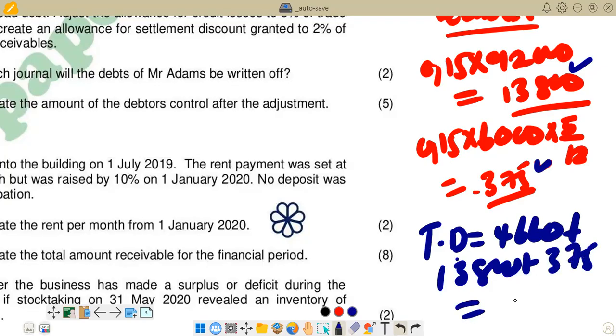Then if you add those figures, you get 18,835. So this is the total depreciation for the year.